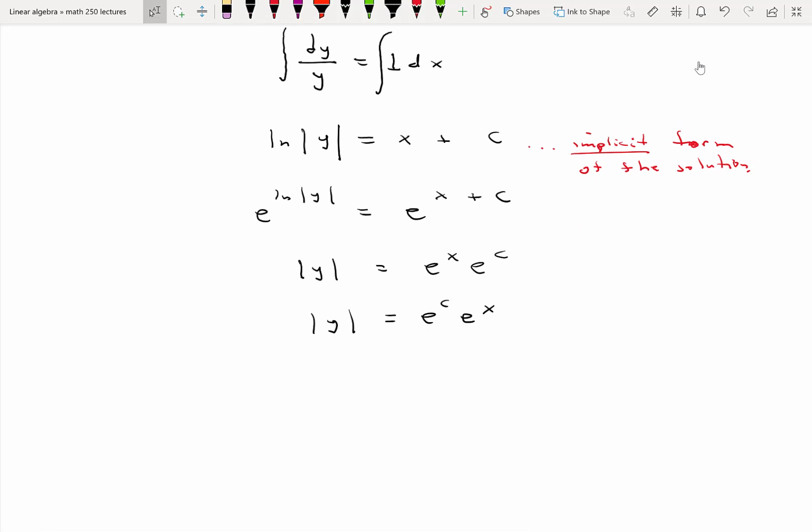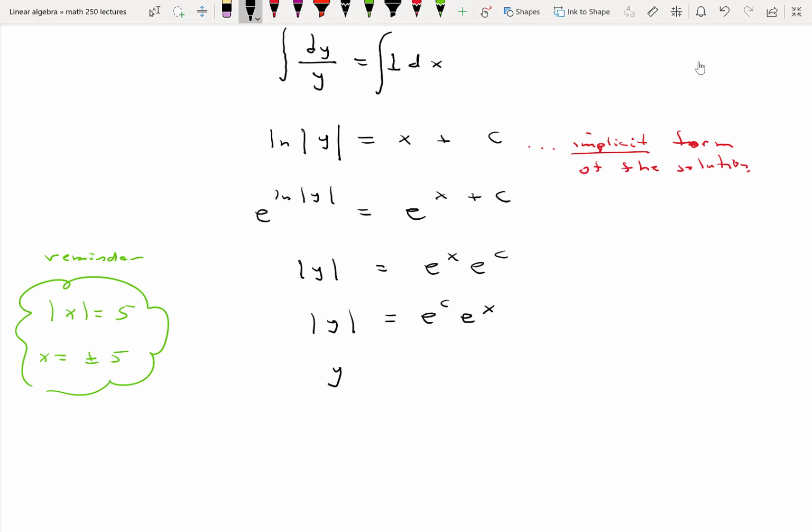And remember from algebra, if you have absolute value of x equals, say, 5, then x equals plus or minus 5, just as a reminder. And the reason I'm reminding you of that is we need to get rid of the absolute values.